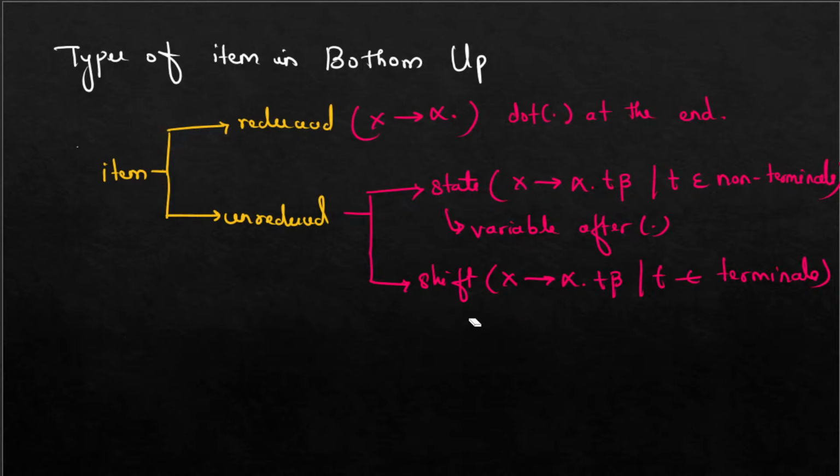Either the dot can be before a variable or before a terminal. If there is a terminal after the dot, we have to perform a shift operation. Otherwise, if it is before a variable, the state will be changed.